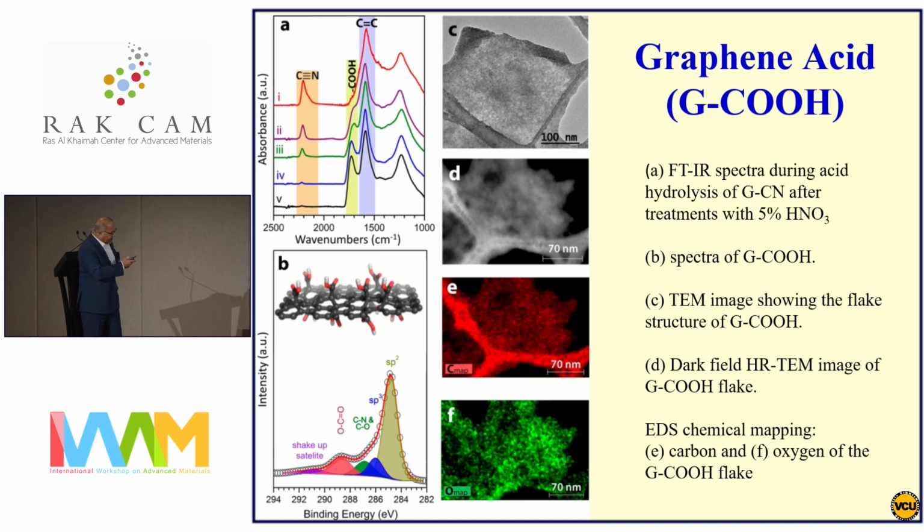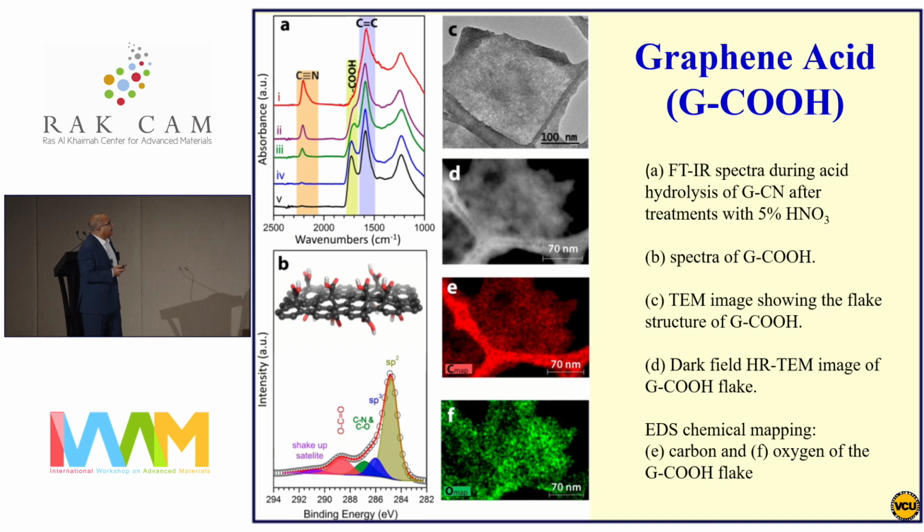This is also a TEM image of the materials showing EDS analysis, which shows the oxygen and carbon maps. The carbon is in red and the oxygen in green, which shows some kind of homogeneous distribution of the oxygen groups over the single flake that we're looking at here.